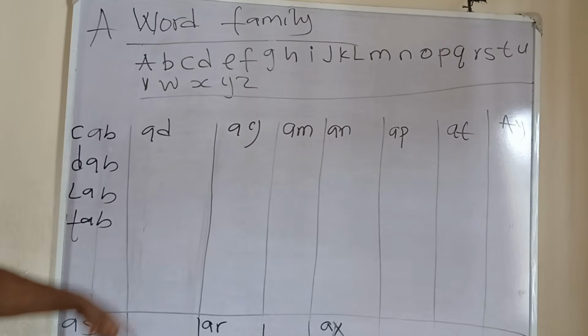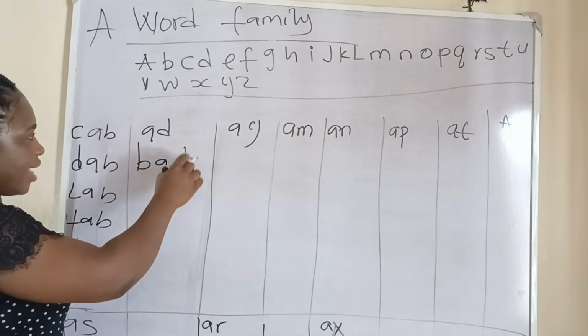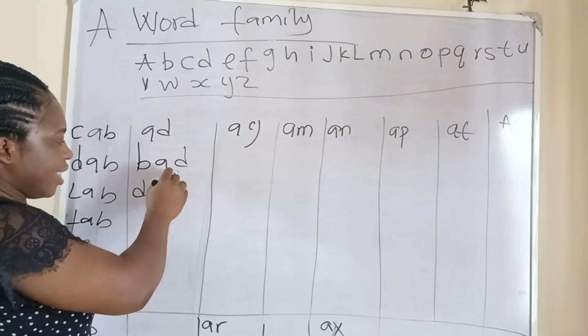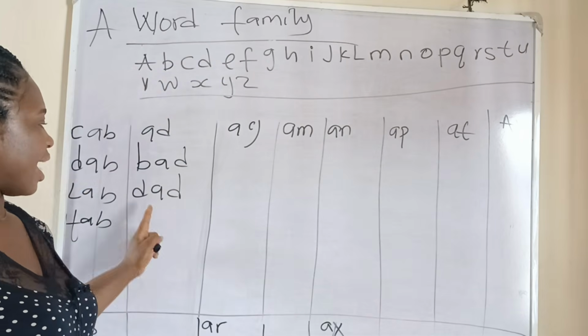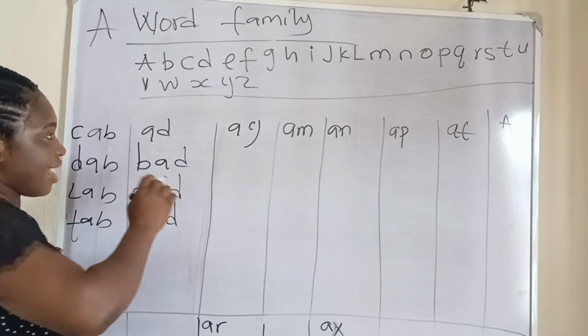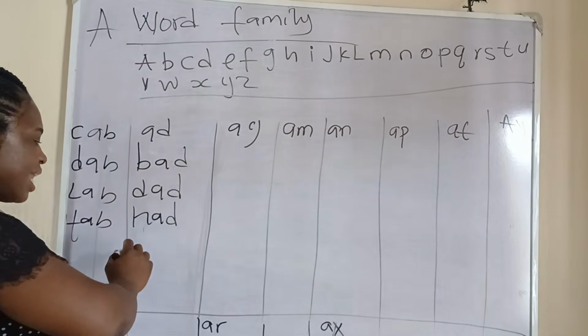Okay, now we go to the next one. We add the B. We have bad. Okay, C, no. D, we have dad. Okay, we move to E, F, G, H, had. Okay, I, J, K, L, we have lad.